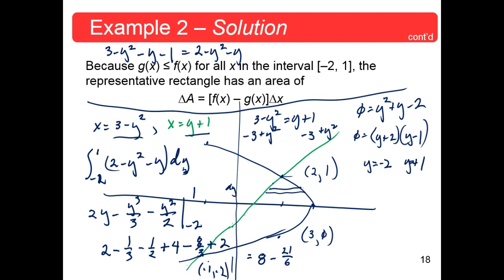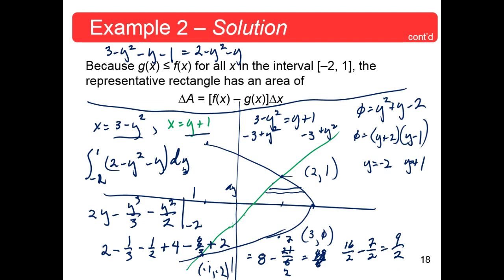Is that right? Okay. Let's get this to 7 halves. Okay. And then you can do 16 halves minus 7 halves is 9 halves.